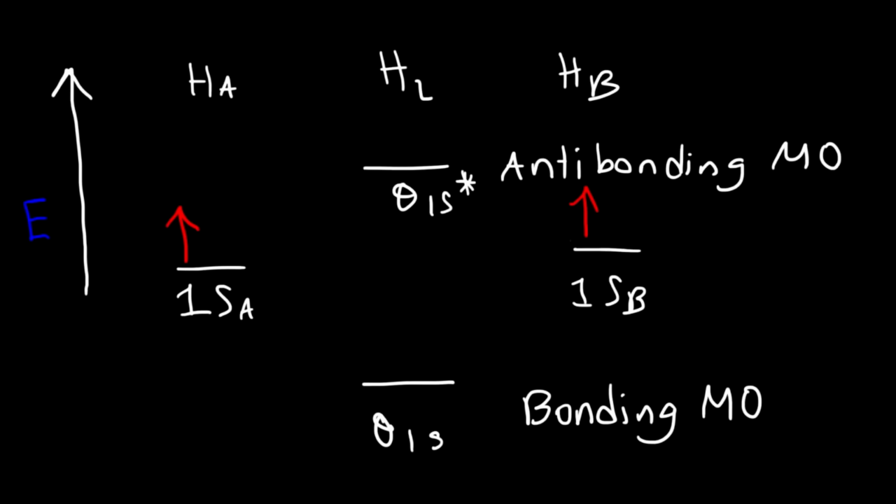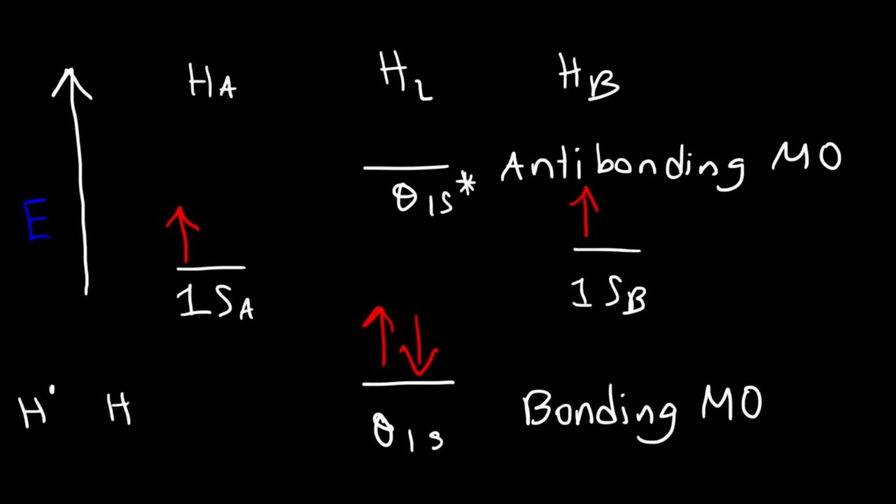So it's easier to fall to a lower energy level than to jump up to a higher energy level. It's easier to come down a mountain rather than to climb a mountain. So these electrons will naturally fall to the lower energy level. Whenever an electron falls from a high energy level to a low energy level, energy is released, and this is consistent with bond formation.